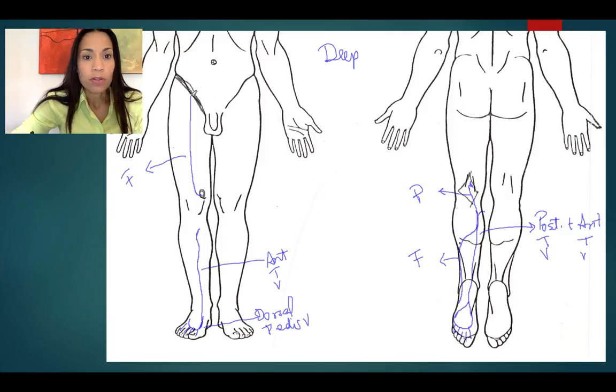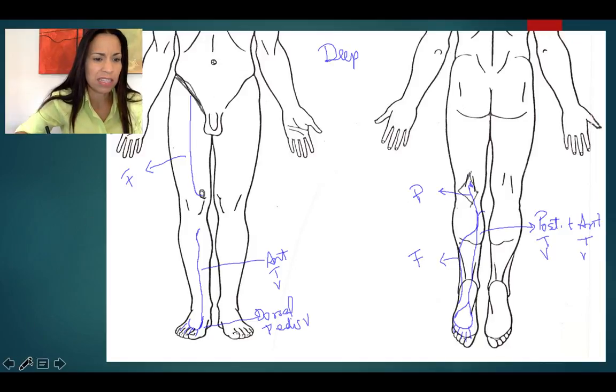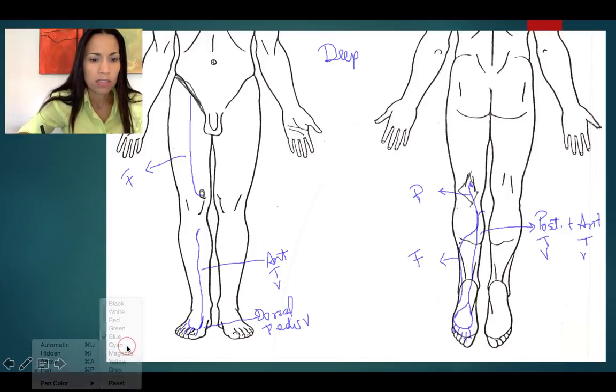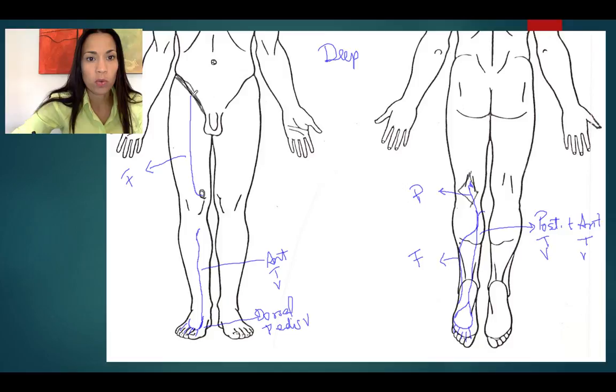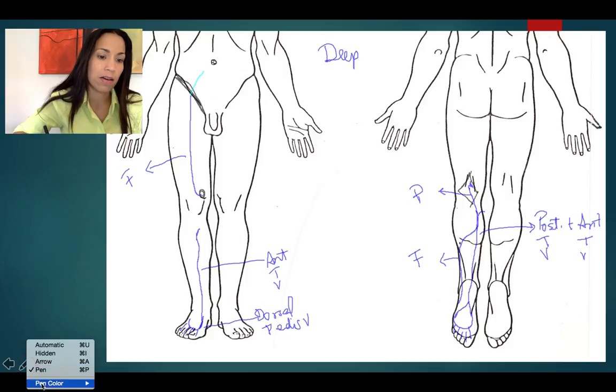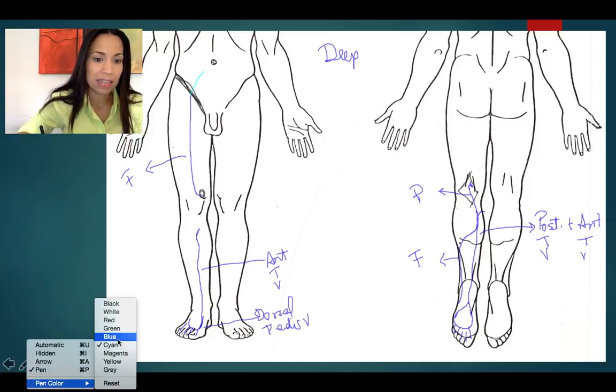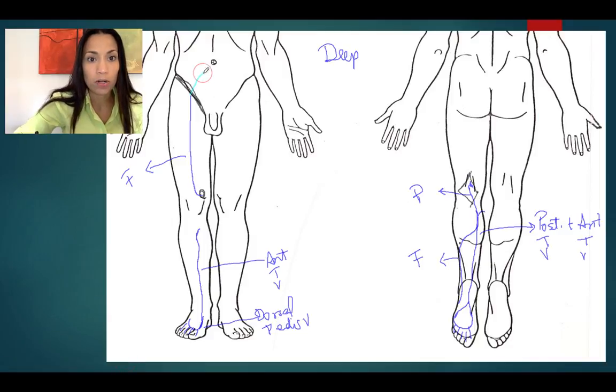And this femoral vein, once it passes under the inguinal ligament, it becomes the external iliac vein. And the external iliac vein merges with the internal iliac vein.